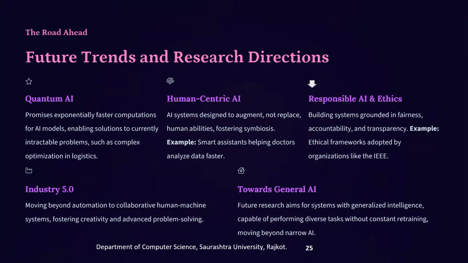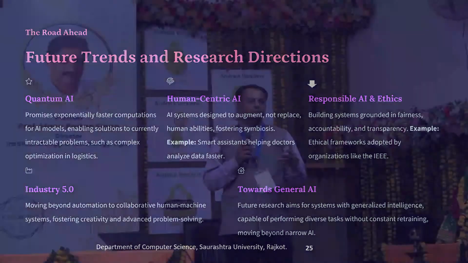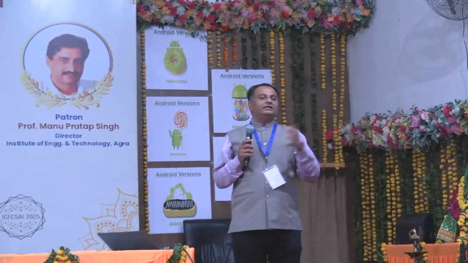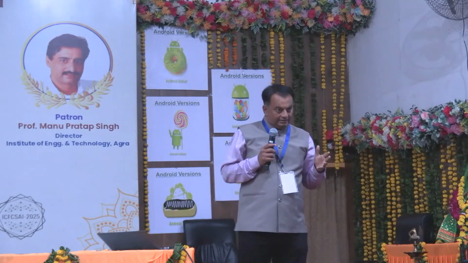If we talk about the upcoming future, one is quantum AI, which provides exponentially higher processing power, and due to that, some applications we are not able to simulate now become possible. For example, I want to simulate the traveling salesman problem throughout the country.